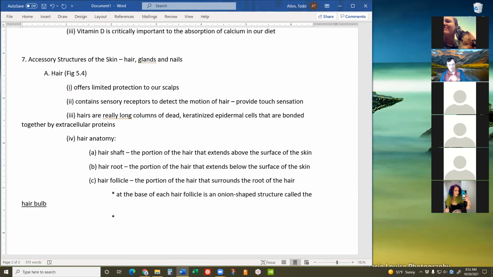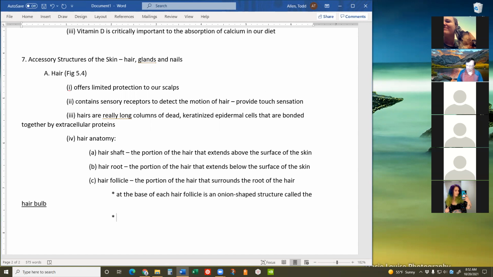Inside the hair bulb of each hair follicle, there's a special indentation called the papilla of the hair. You can most carefully notice this in picture C as in Charlie of figure 5.4.